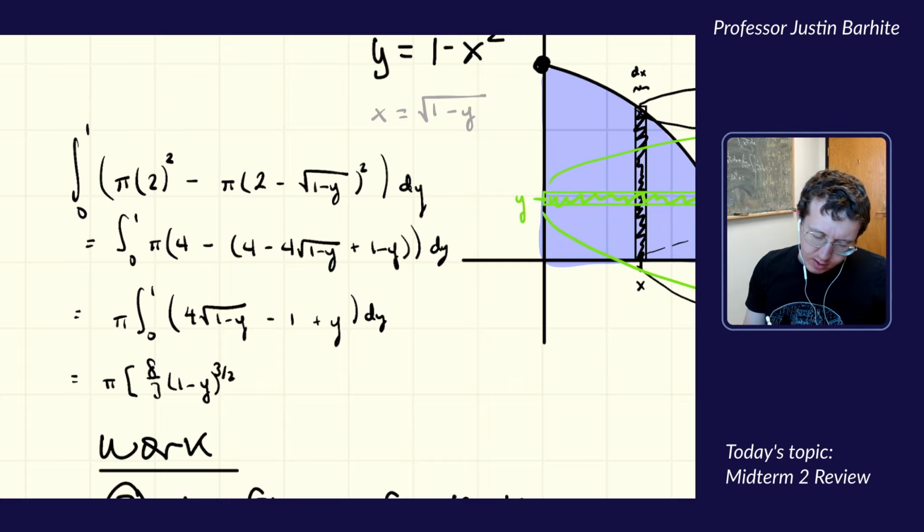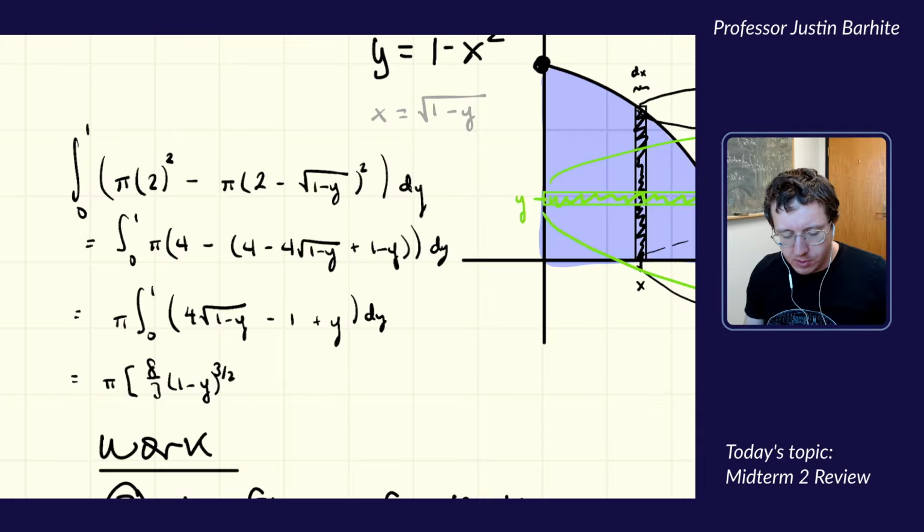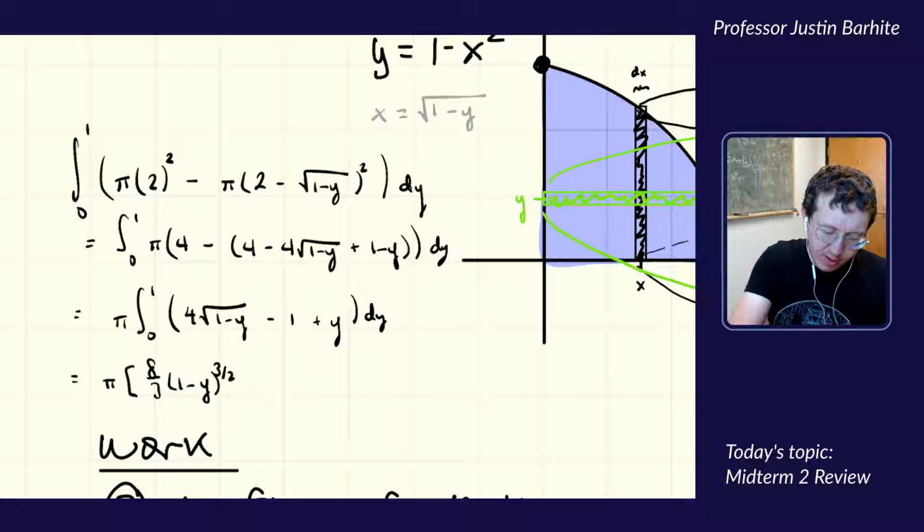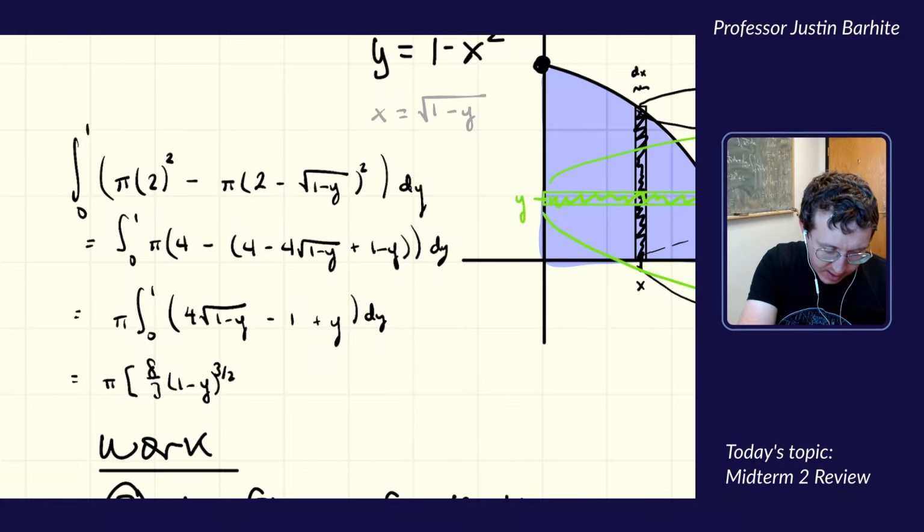So when we look for an antiderivative for root 1 minus y, that 1/2 exponent gets bumped up to a 3/2, and 8/3 is the thing I need to put in front. So when I multiply 3/2 and 8/3, I get 4.